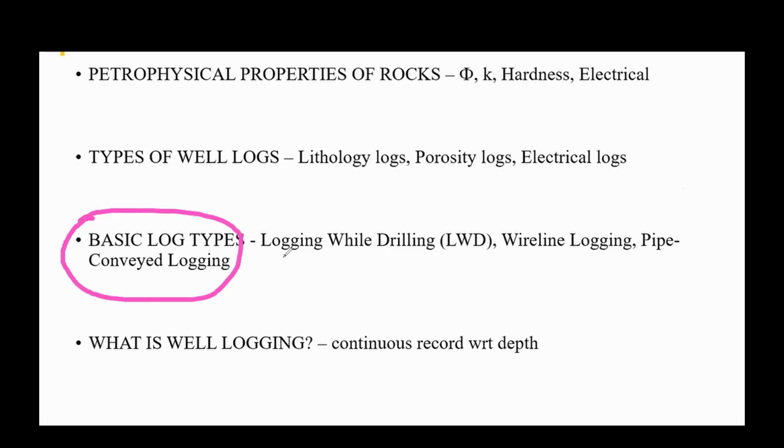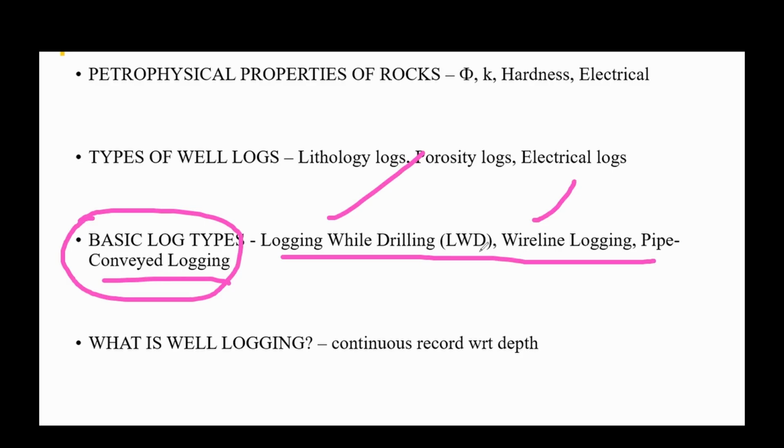Next we saw the basic log types, the three classifications of log types. While you are drilling, you have measurement, that is LWD or logging while drilling. Next is wireline logging. Wireline logging is done in intermediate stages, either at 500 meters, 1500, 2000, 2500, 3000, 4000 or 5000 meters.